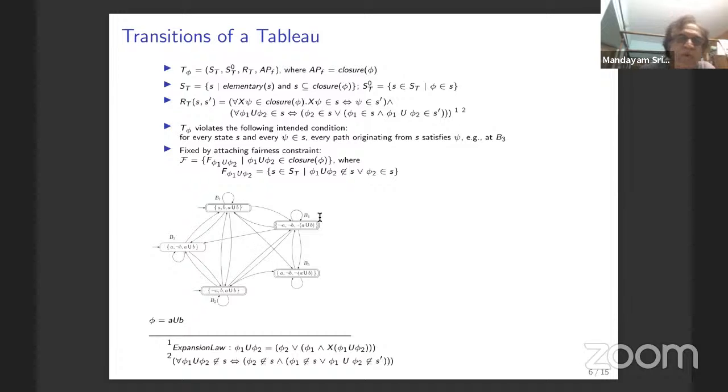We will get back to the details of the definition, so if you have any questions, ask while I illustrate those examples. Did any of you give it a try to construct a tableau for a nested operator? No? Okay.